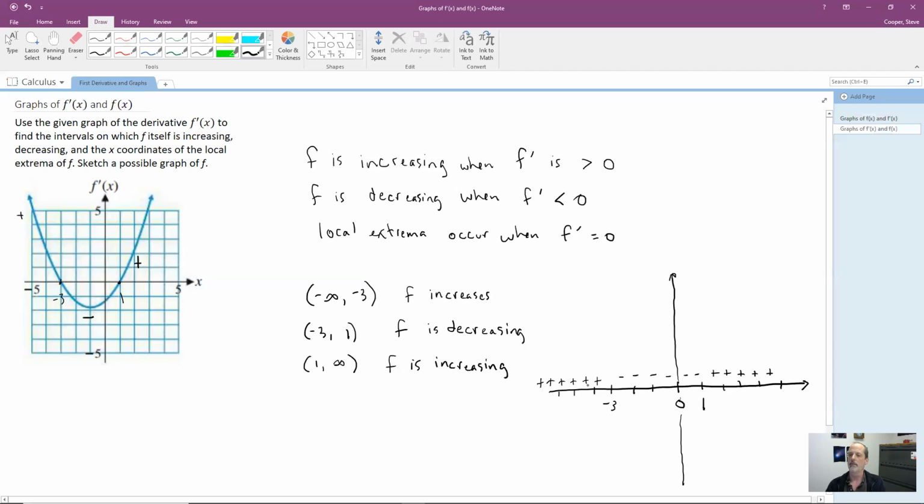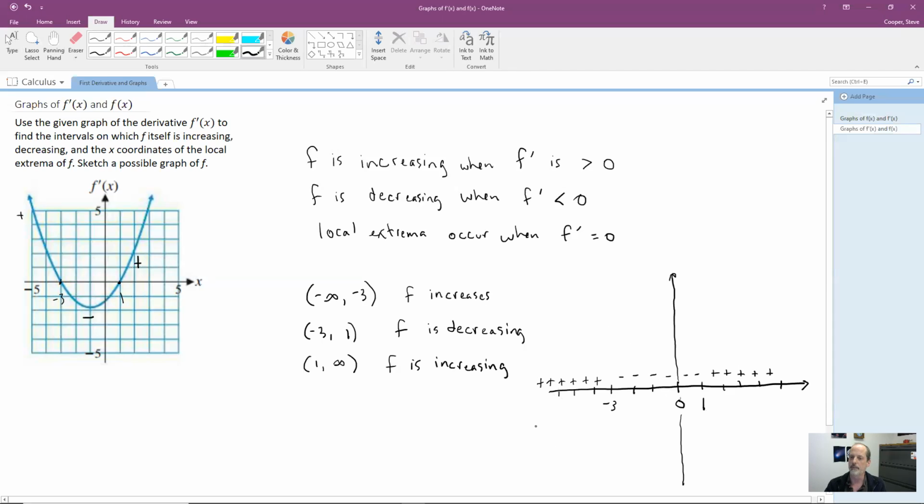Okay, so I know that I'm going up, and then I flatten out with a slope of 0 at -3. And then I'm going down, and I flatten out with a slope of 0 at 1. And then it's increasing again.